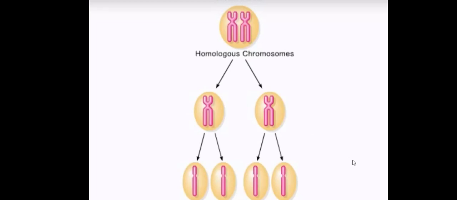This can occur either in meiosis 1 or meiosis 2. This is the separation of sister chromatids from each other normally, while here these 2 chromatids do not separate from each other, and both sister chromatids go to one cell. This is called non-disjunction.